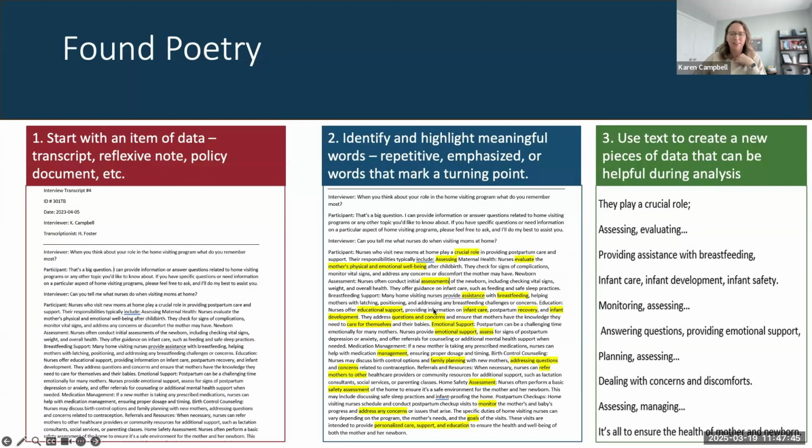So words that changed the direction of the interview, words that were really telling something new or interesting. And I took all of those words and put them together to create a poem. And what that did was help me see what people were saying in a different way.